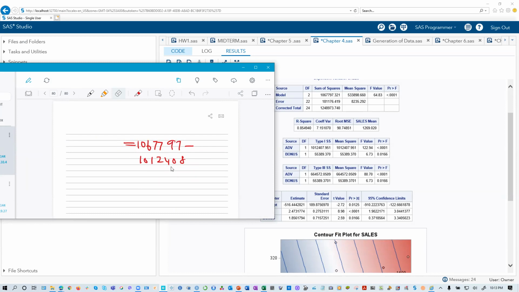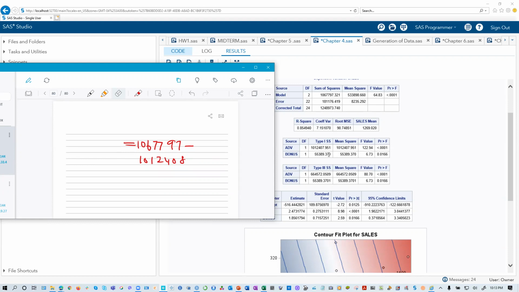If you subtract this one, 106 minus 101, you get 5, 5, 3, 8, 9. If you subtract correctly, 106.7797 minus 101.2408 gives 55,389.